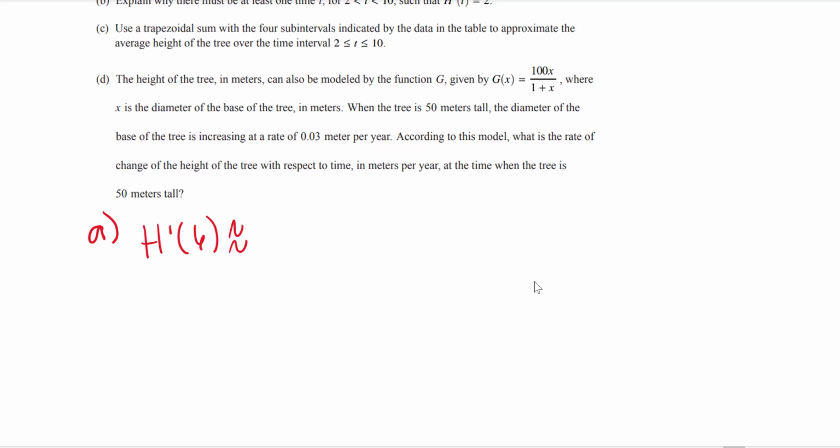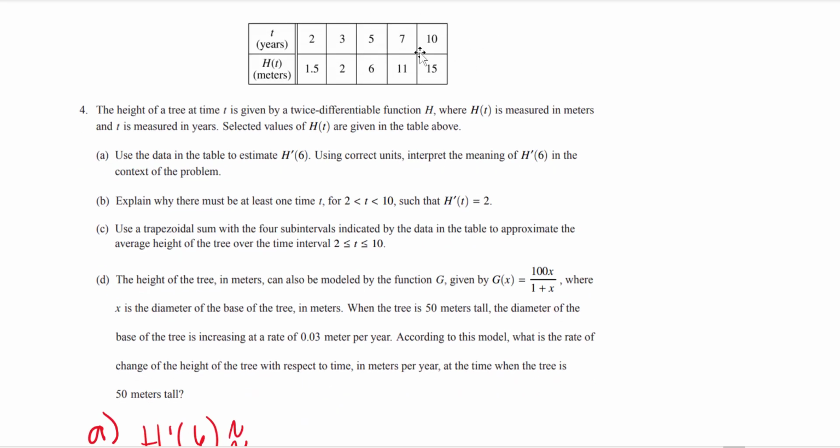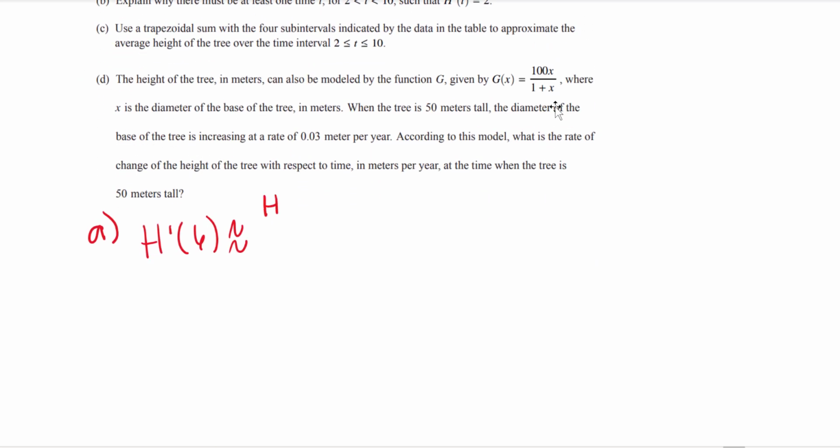Now remember, since we're given a data table, these are the only snapshots we have. We're going to have to leverage 5 and 7 because 6 is in between them.